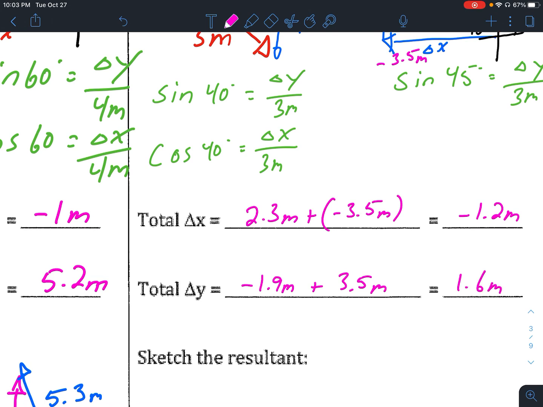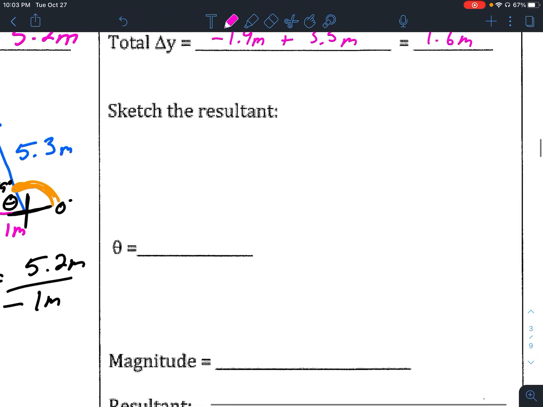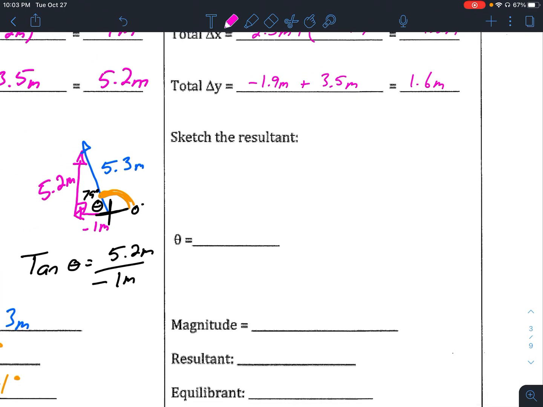And we take a breath because we're halfway done. And now we have to sketch those 2 components into one resultant. So we have our positive delta y, so it's up.